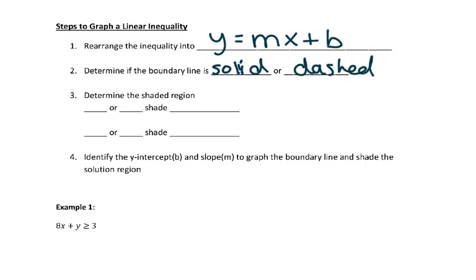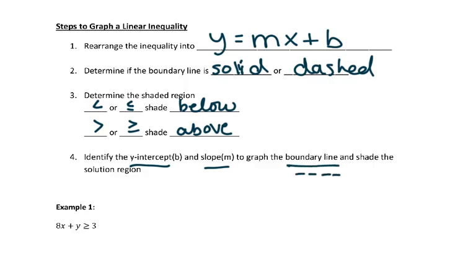Next, we're going to determine the shaded region. So just remember, if it's less than or equal to, it's going to be below. If it is greater than or equal to, it's going to be above. After that, we're going to identify the y-intercept and the slope, and then we'll graph the boundary line first, so solid versus dashed, and then we're going to shade the solution region, so either above or below.